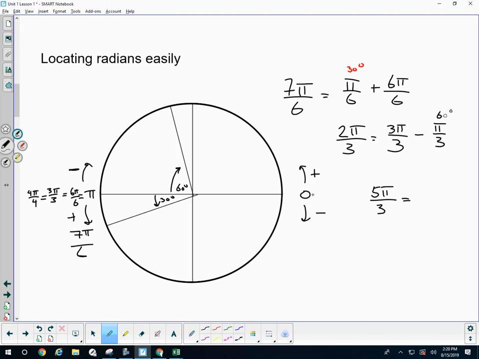I can write 2 pi a lot of different ways. That's 6 pi over 3. That's 12 pi over 6. That's 8 pi over 4. Knowing that when I subtract, I go clockwise, I could start at 6 pi over 3, subtract a pi over 3, and boom. I create a 60-degree reference angle again. And here is 5 pi over 3.